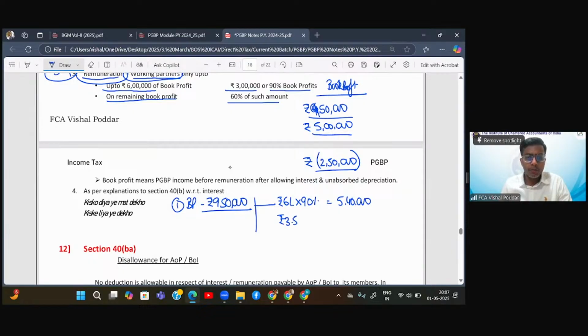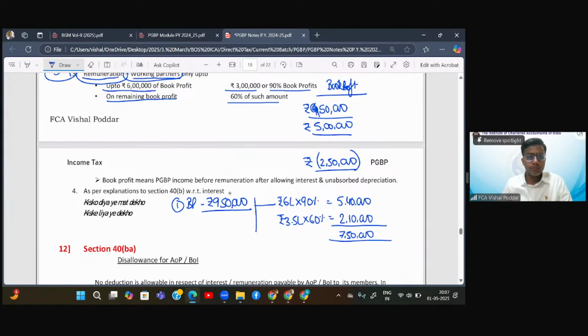It is 3.5 lakhs. You can pay 60%. So for the balance, over and above the first 6 lakhs, the amount is 60%. So it comes to 210. Correct? So total you can pay 750.